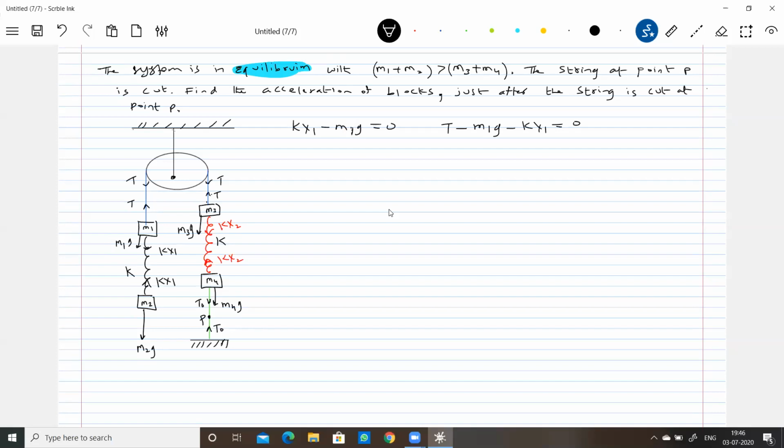This is M2. This is M1g, M2g. So what is the value of tension? M1 plus M2 into g. You can treat everything as equilibrium or internal. That is, this force kx2 and all acting will become internal.